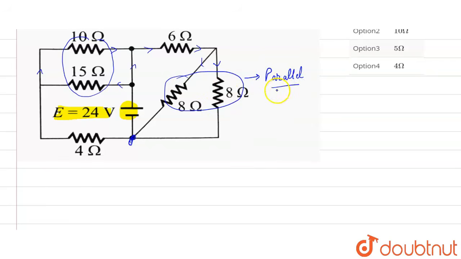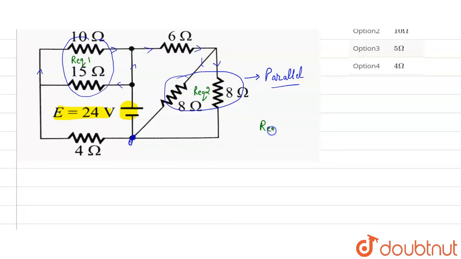Okay, so let us reduce these two. Let us find the equivalent and move forward. Let us make the first one R equivalent 1 and the second R equivalent 2.